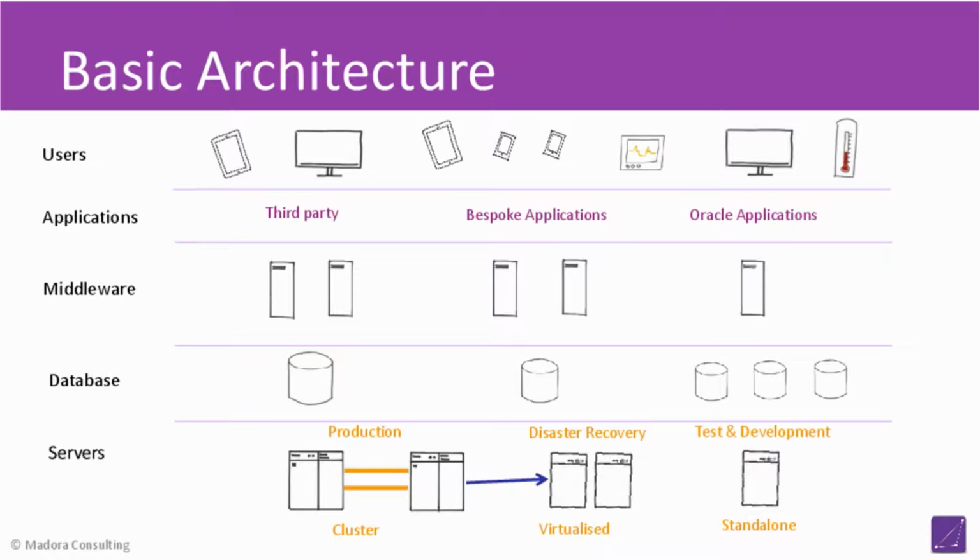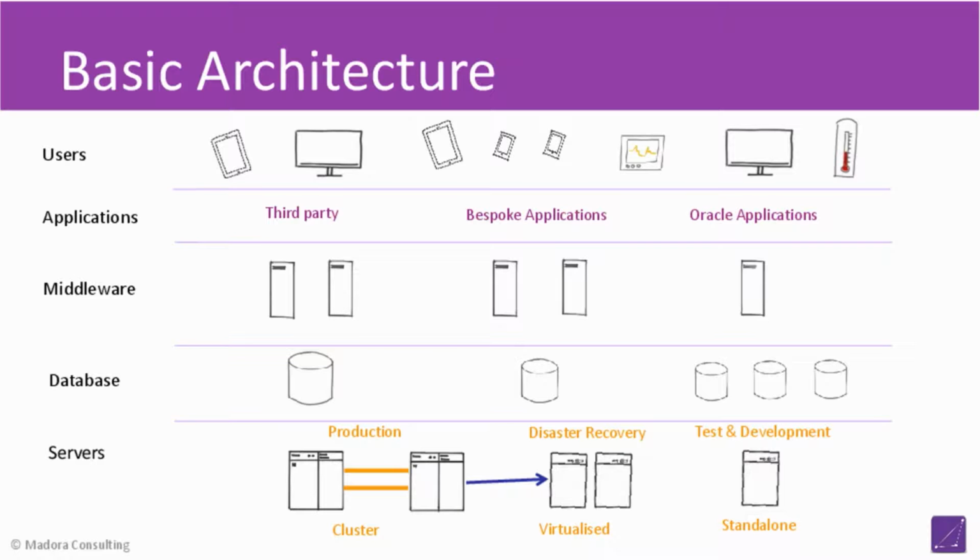Users of the application connect to the database either directly or by using some kind of middleware such as Oracle Application Server, WebLogic, or sometimes a third-party software like IBM's WebSphere. And these are shown on the diagram in the middle. The Oracle database is either licensed by the server based on the size of the server or by the number of users who are accessing the database.